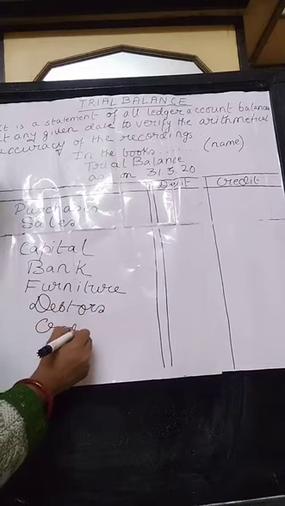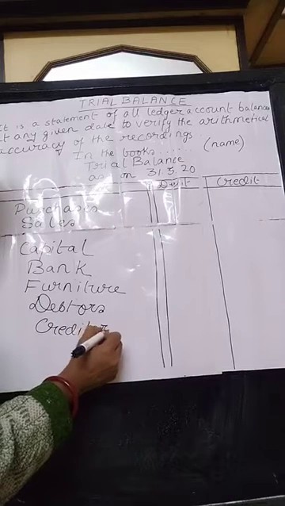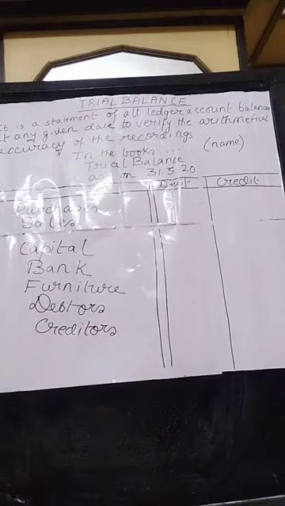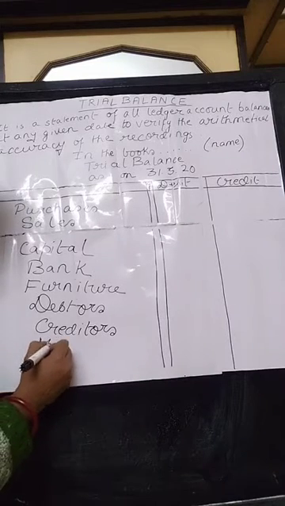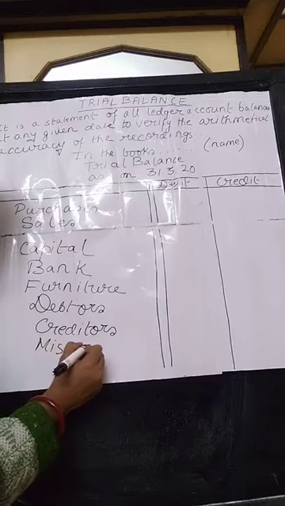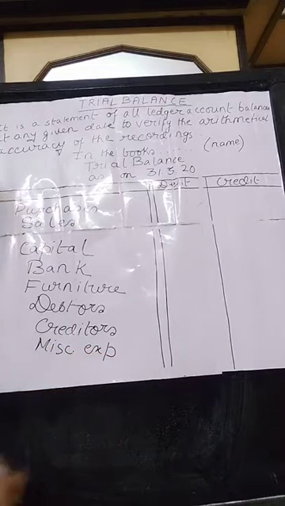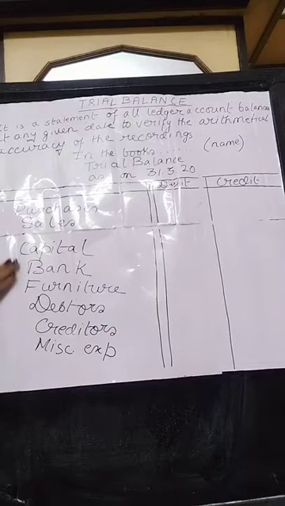Creditors. Or you may say miscellaneous expenses. These are the few items written one after the other as ledger balances.